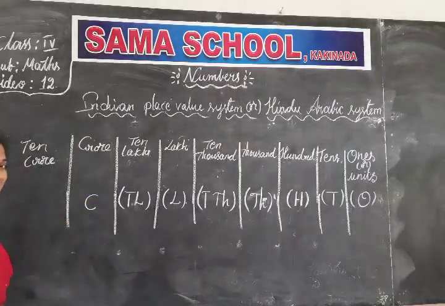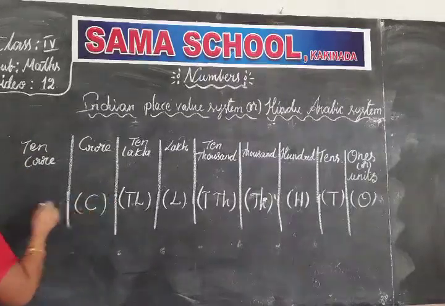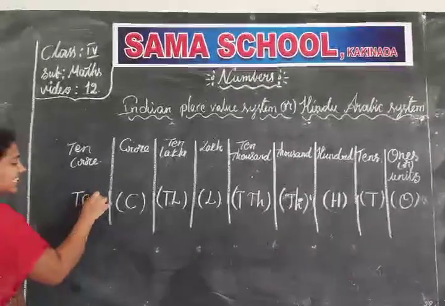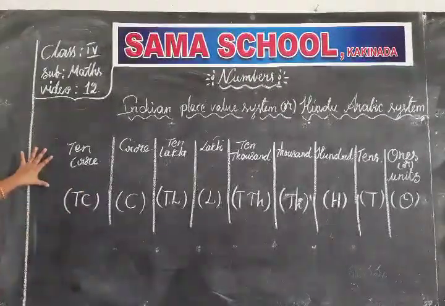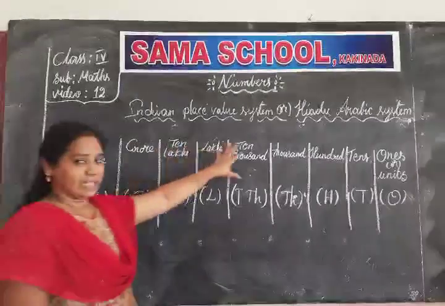Crore is denoted by the letter C. Ten crore is denoted by the letters TC. These are the notations of all these places.